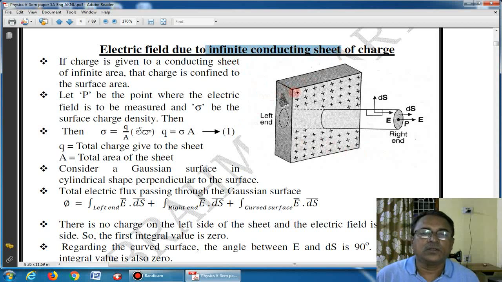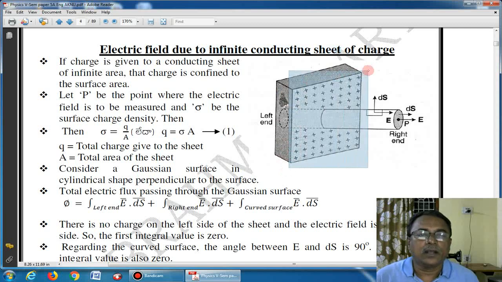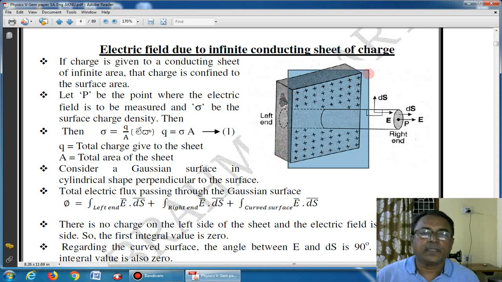So here is a plate, and this is a conducting plate of large area. Say that area is A, and a charge Q is given to this plate.